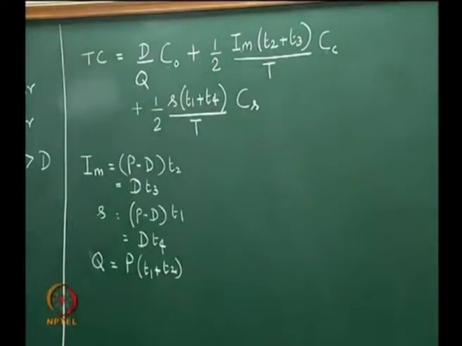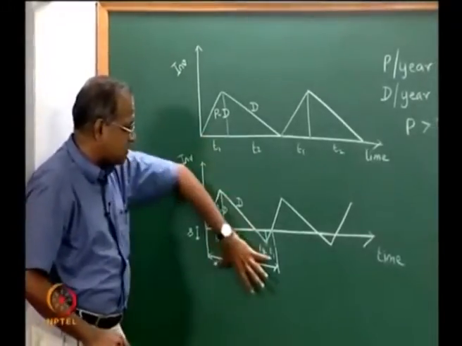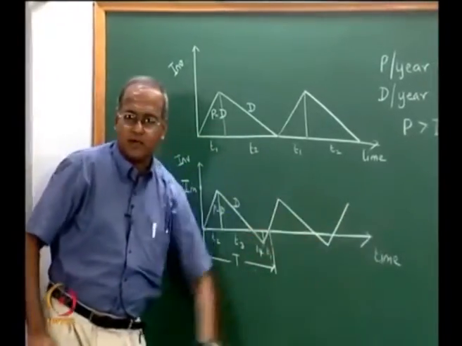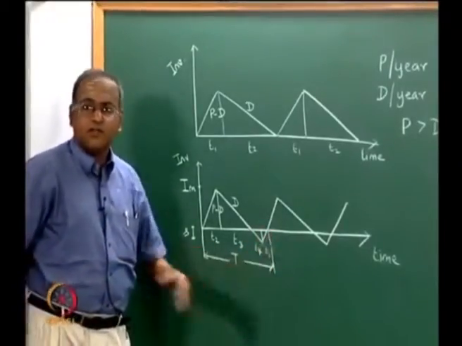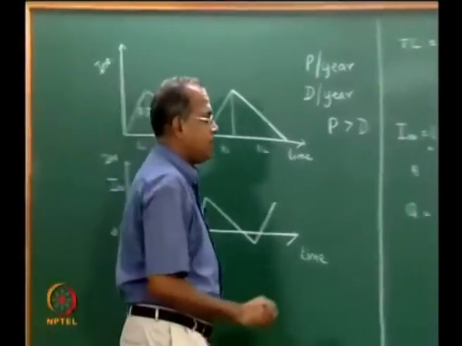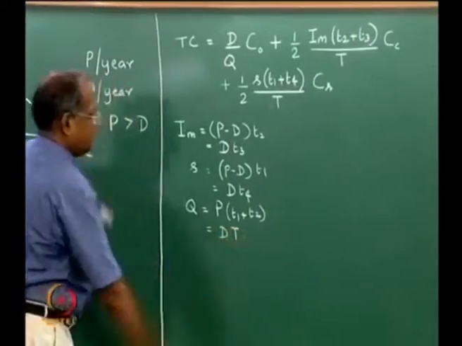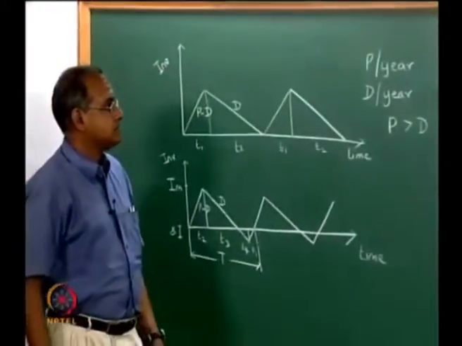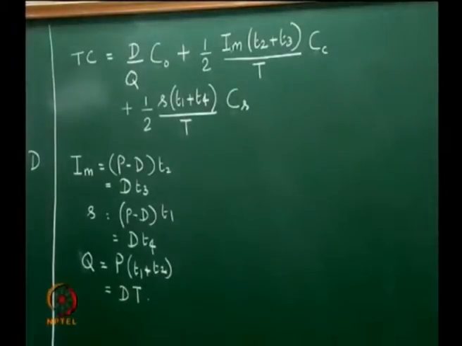And in a cycle, whenever the cycle starts, the inventory is 0. Therefore, what is produced in the cycle is consumed in the cycle. Therefore, Q is also equal to D into T.